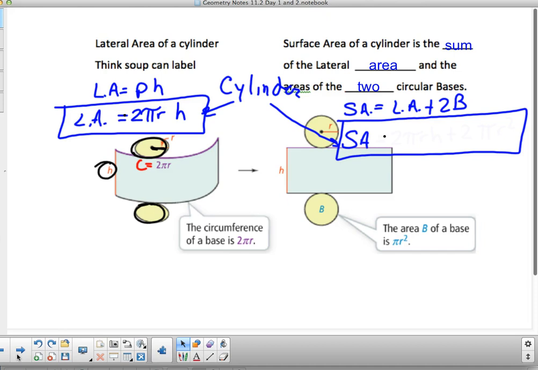And now that transforms our surface area, because remember, for surface area we have the LA, which is 2 pi r h, and we have our base formula, the base formula for a circle, which is pi r squared. So that changes a little bit too. So now when I just say cylinder, those are the two boxed formulas you want to grab right away. You don't want to worry about anything else.